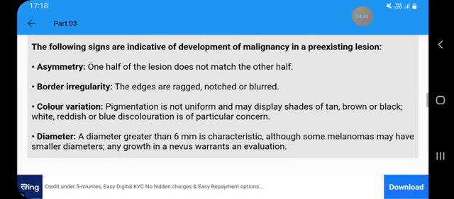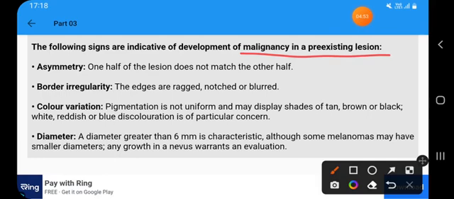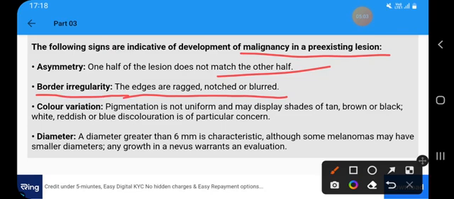The following signs are indicative of development of malignancy in a pre-existing lesion. Asymmetry: one half of the lesion does not match the other half. Border irregularity: the edges are raised and notched or blurred.